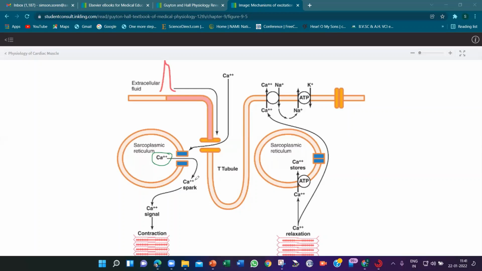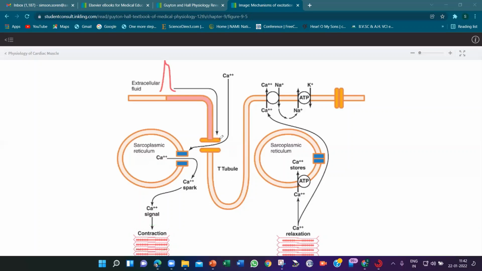As calcium comes out, it binds with troponin. Troponin is a protein with a binding site for calcium, and as calcium binds with the troponin, it causes a conformational change, and the myosin head attaches to the actin binding site, and there is contraction, or the sliding of the actin and myosin filaments. So contraction occurs when calcium binds with the troponin.